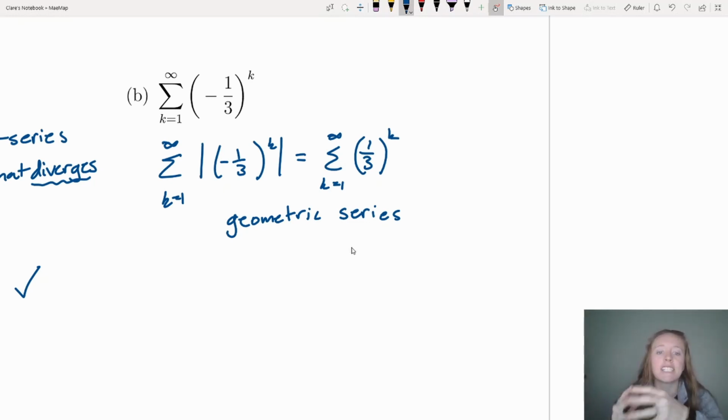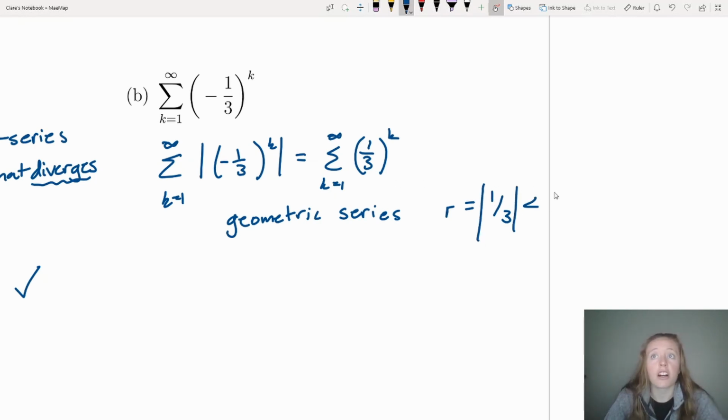The geometric series is in the form of a r to the k, and the r value in this case is 1/3. So because our r value is equal to 1/3, that's between -1 and 1. So the absolute value of our r is less than 1. That's just another way of saying that it falls between -1 and 1.